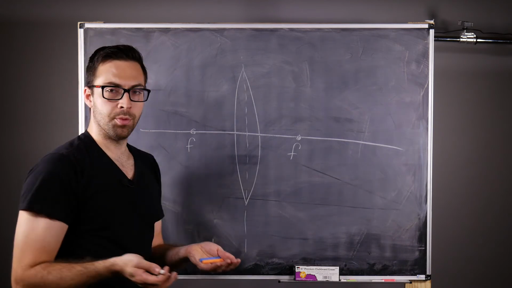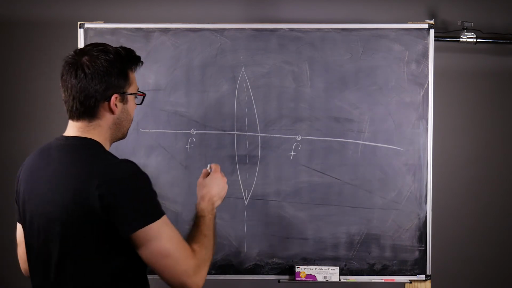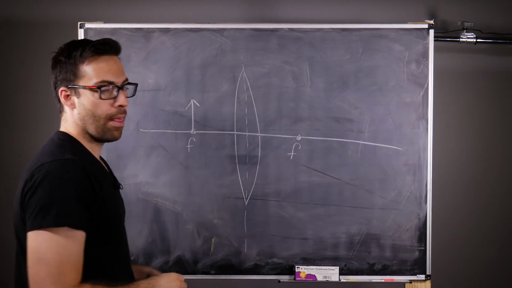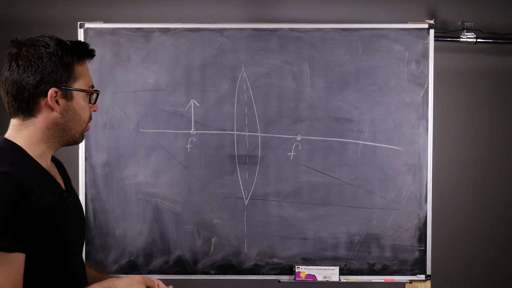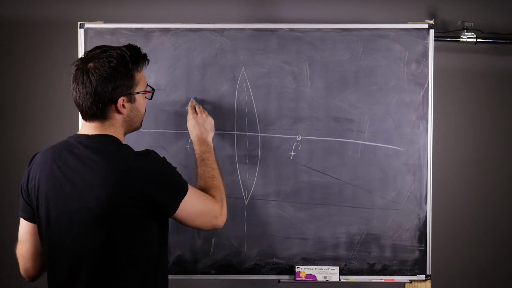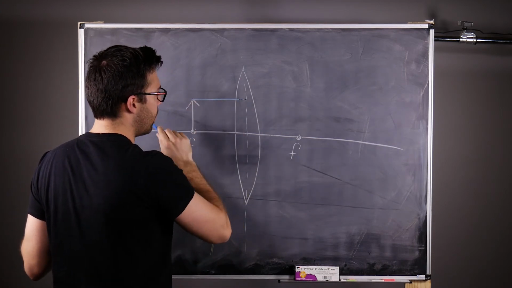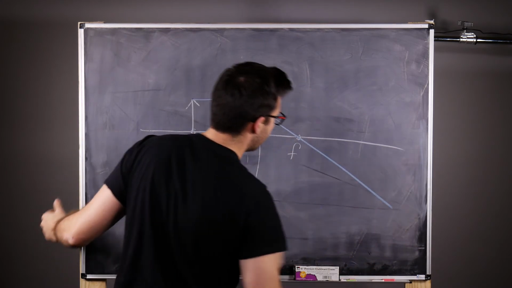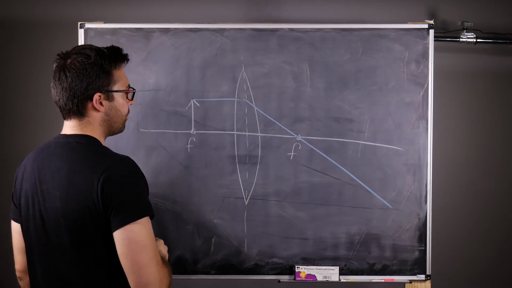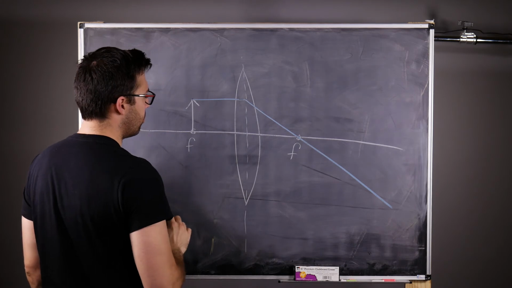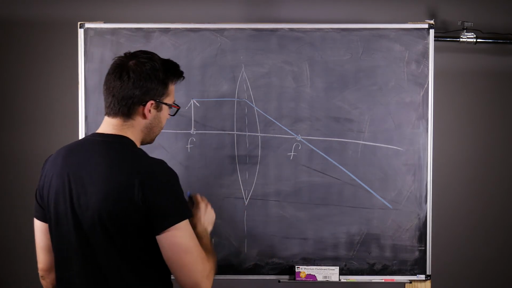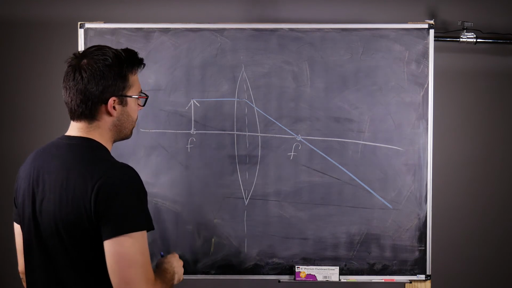The question becomes, what happens when the object that we're interested in is actually placed at the focal point of the lens? Well, remember our rules, right? Anything that goes off parallel is going to be focused through the focal point, like that. It's going to be bent towards the focal point. Now we can't go through the focal point and go parallel, because we're just going straight down, so that doesn't really make any sense.